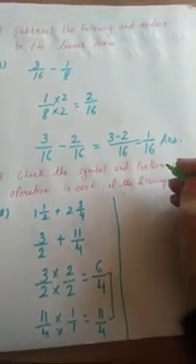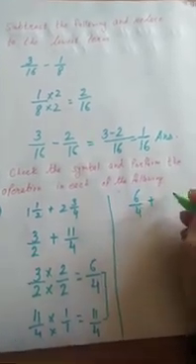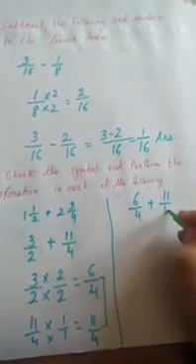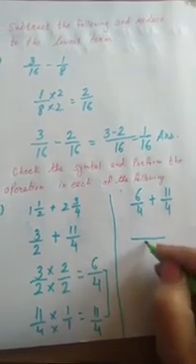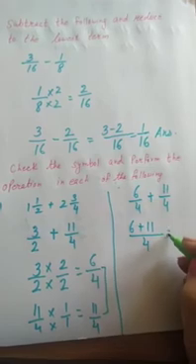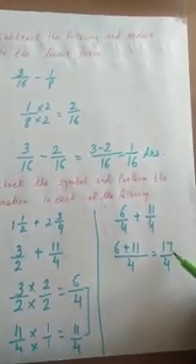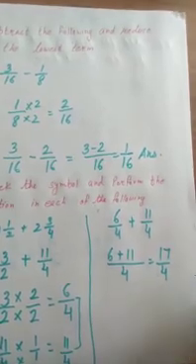You will just add them. 6 by 4 plus 11 by 4. Take the common denominator 4 and just add the numerators. 17 by 4.